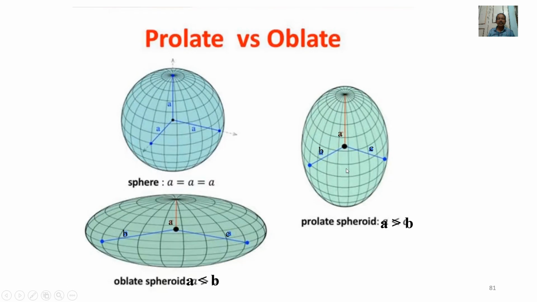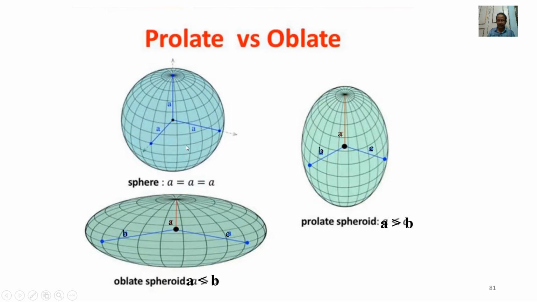And here I_A is lesser than that of I_B and I_C, and I_B and I_C are equal. So I_A is less than I_B, which is equal to I_C, and the shape is nothing but an oblate spheroid. So here A is less than B, but there A is greater than B, whereas here A equals B equals C.